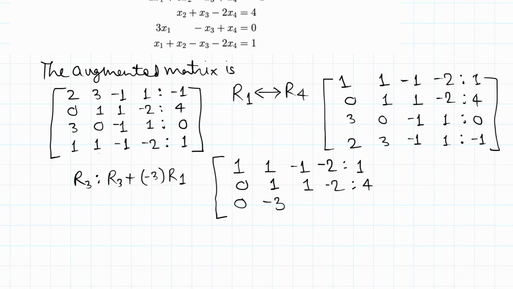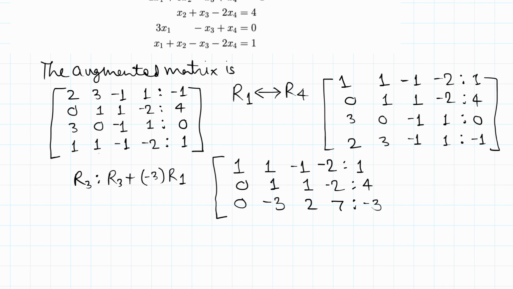Negative 1 plus 3 is 2. Okay. Then 1 plus negative 3 times negative 2 is positive 6. And 1 plus 6 is 7. And here is 0 plus negative 3 is just negative 3. Okay, we made this one 0.